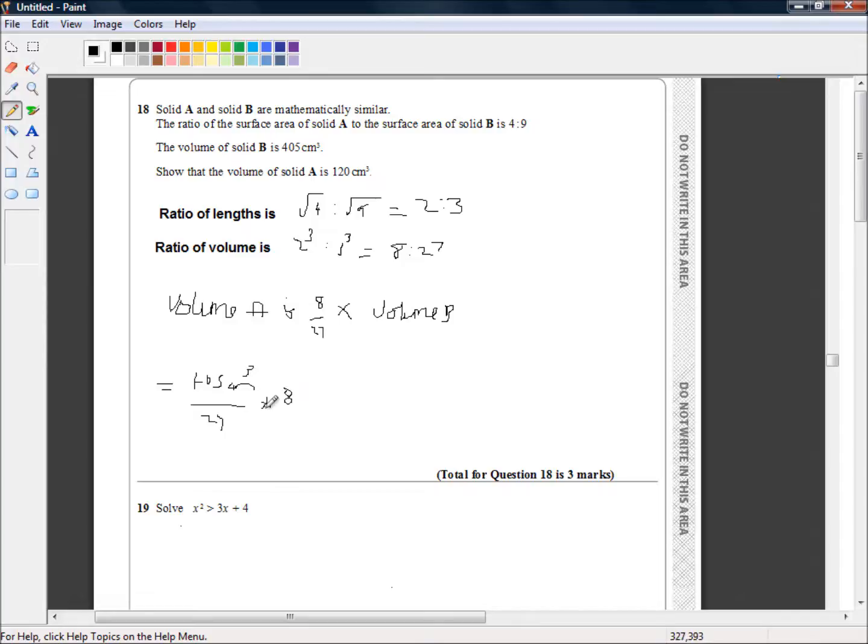And that is a real challenge to do in our heads, because this is not a calculator paper.